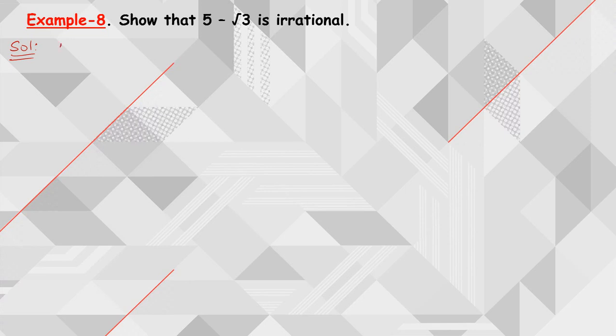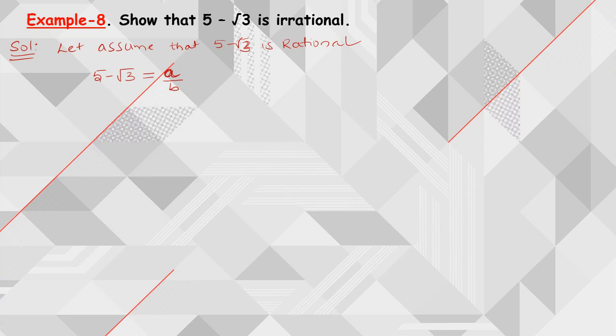For this, I am going to consider the same thing. Let us assume that 5 minus root 3 is a rational number. Whenever you consider 5 minus root 3 as a rational number, then clearly 5 minus root 3 can be written as some a by b.